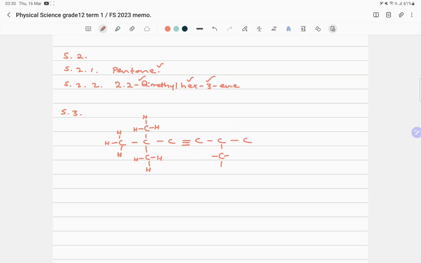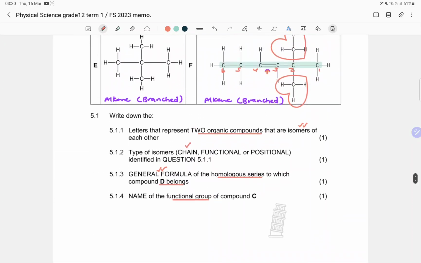So it's 1, 2, 3, 4, 1, 2, 3, 4. Okay, so that is the story. So I believe we've got it right. So this is 2 methyl, sorry, 2,2,3 trimethyl hex 3 ine.